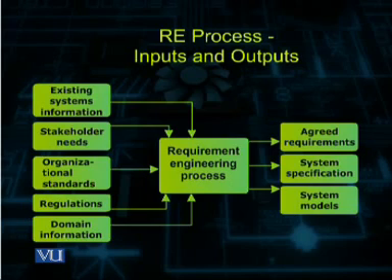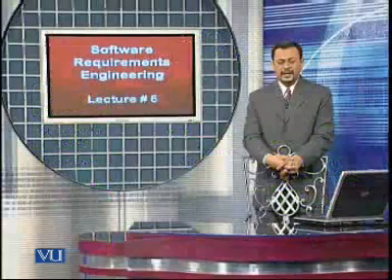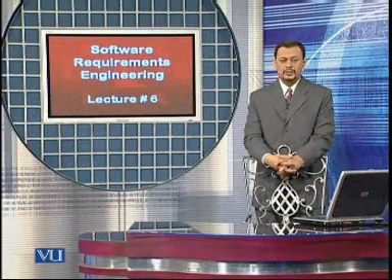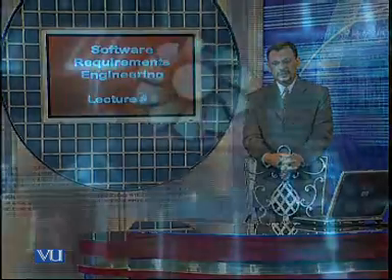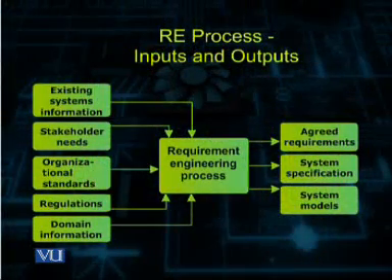Then we have regulations, which may be imposed by the customer, by the local governments, by the national governments, or by professional associations and standards bodies. And lastly, we have domain information, which plays a very important and pivotal role in the development of the requirements as well as development of any software product.